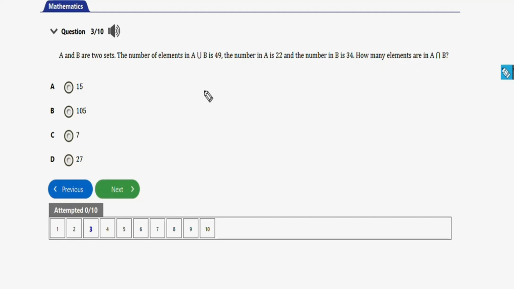To get how many elements are in A intersect B, you add the number of elements in set A, 22, plus the number of elements in set B, 34, then subtract the union of A and B, which is 49.